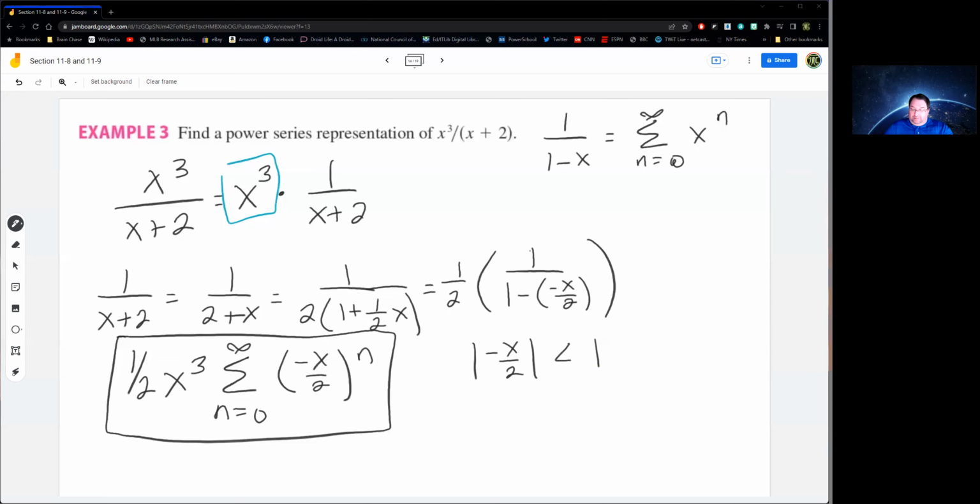So the negative sign disappears, and I can pull out the 1/2. So the absolute value of x has to be less than 2. So my interval is negative 2 to 2.